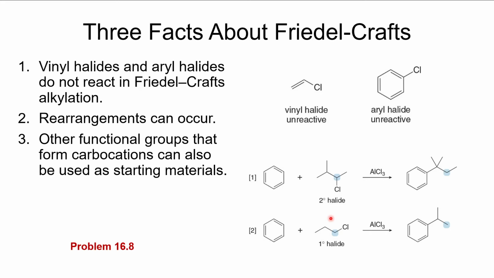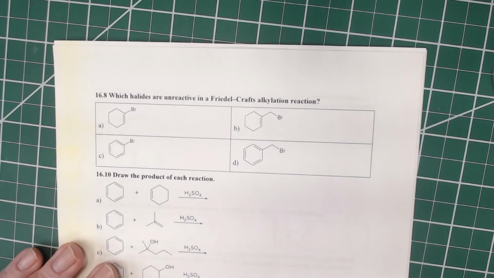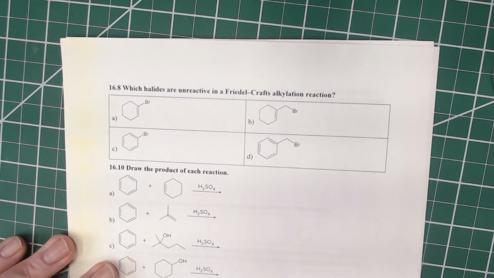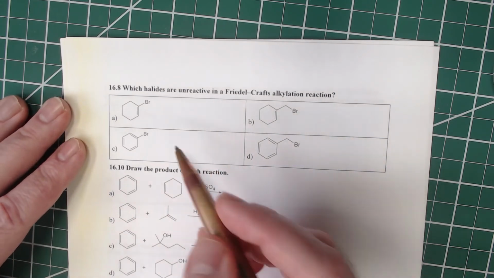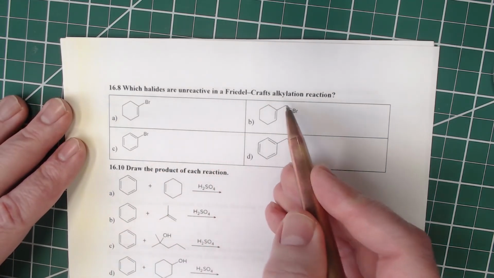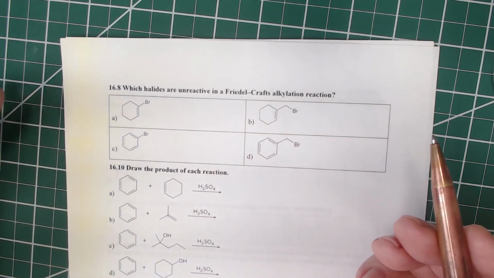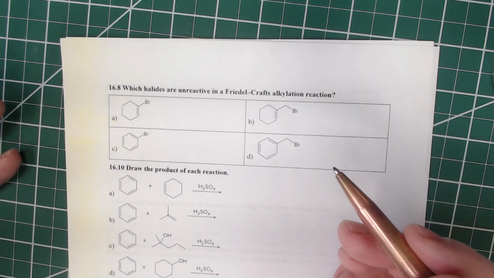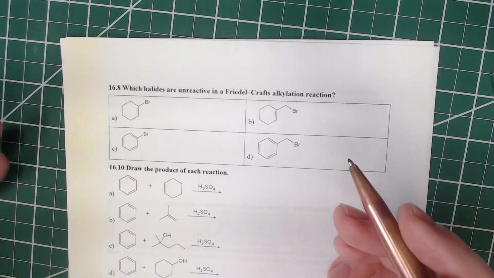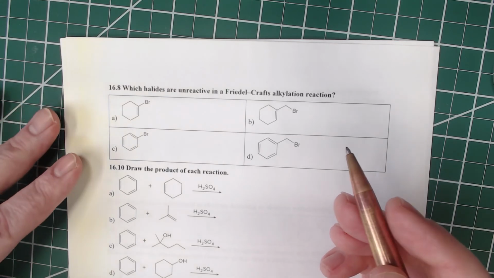So let's look at number 8. Number 8 is really easy. So the question is, which halides are unreactive in a Friedel-Crafts alkylation reaction? Really, we're just looking for, is the halogen on an sp2 or an sp3 hybridized carbon?